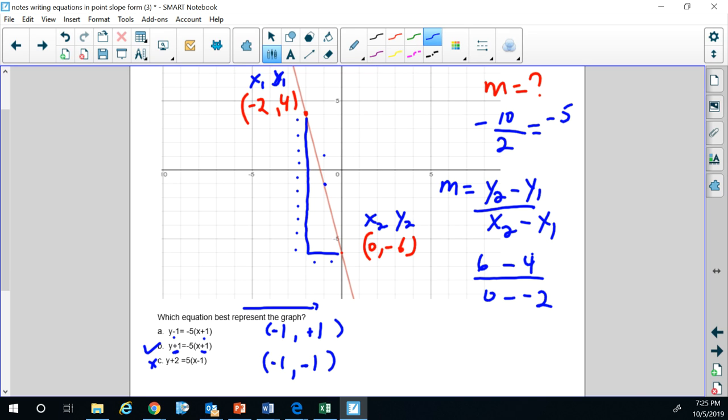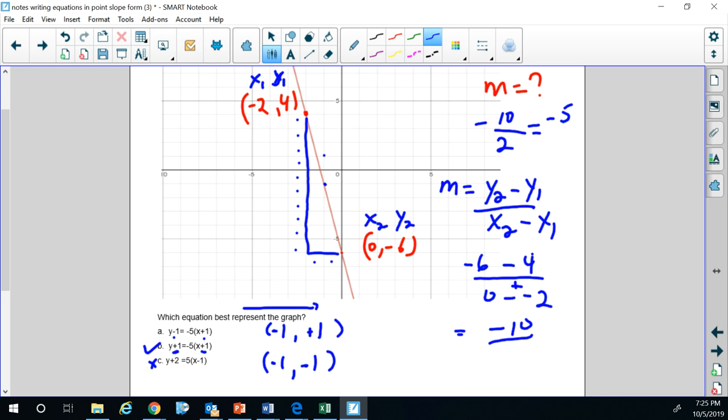My coordinate here is 0, negative 6, and up here it is negative 2, 4. So my y2 is, I'm sorry, negative 6 minus 4. That would give me negative 10 over 0 minus negative 2.